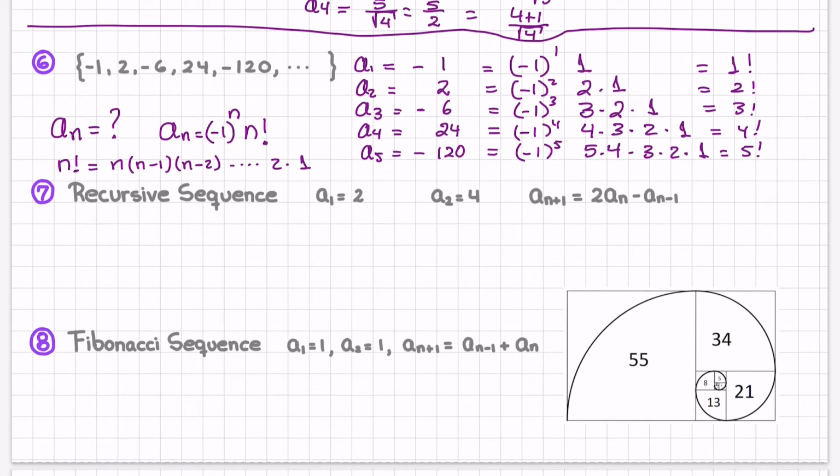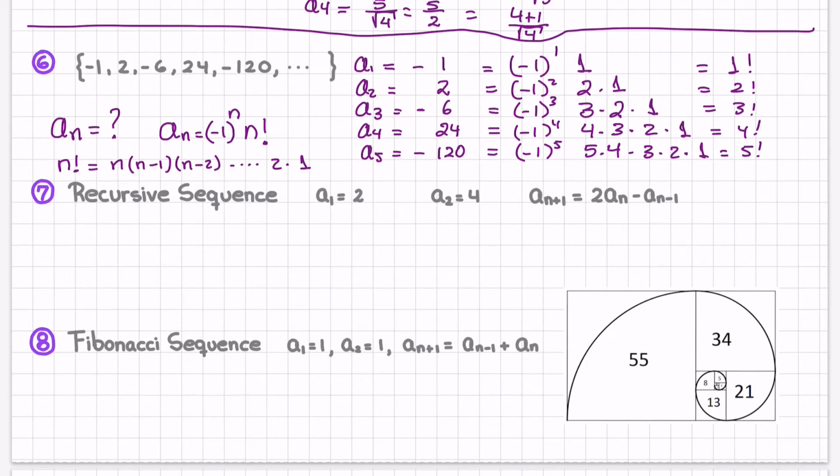The other way you can give sequences is by recursion. A recursive sequence tells you the next one given the previous ones. So they give you the first 2 numbers, and then the next number in the sequence has to do with the previous 2 numbers.